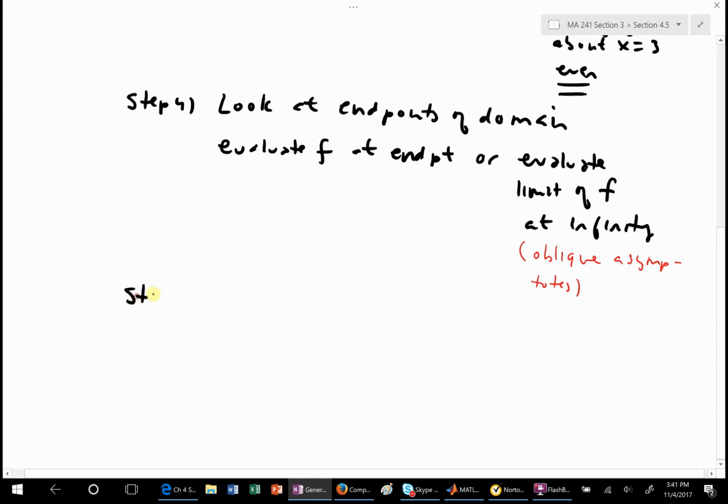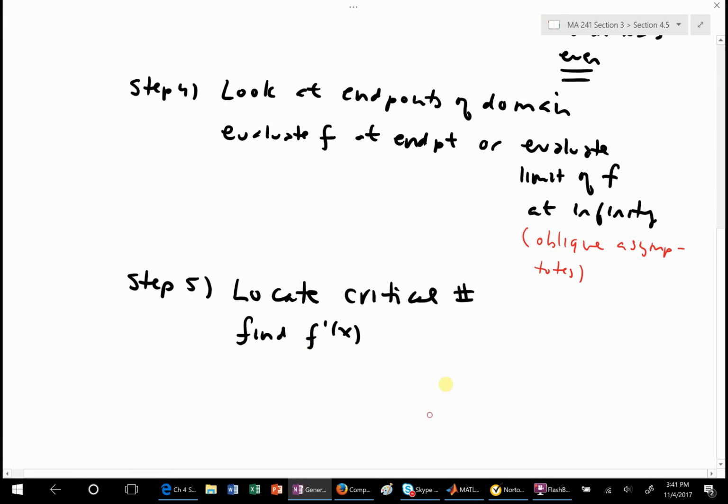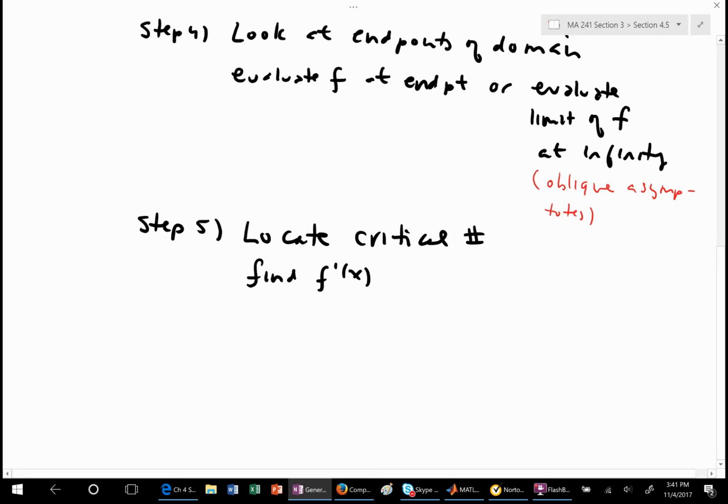So next, we want to locate the critical numbers. And all I'm going to do is find my derivative, right? So I'm going to find f prime of x. And what I want to know is, are there any values of x for which the derivative is not defined or 0?